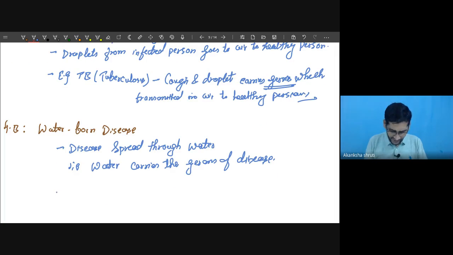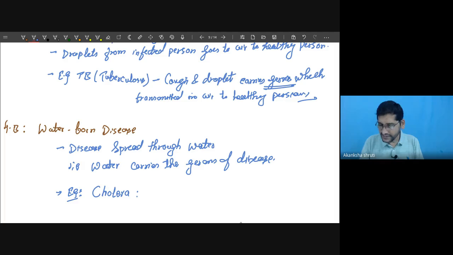Get it? What are the common example that you might have heard? Malaria. Cholera. So cholera. Typhoid. So what is happening in cholera, student?